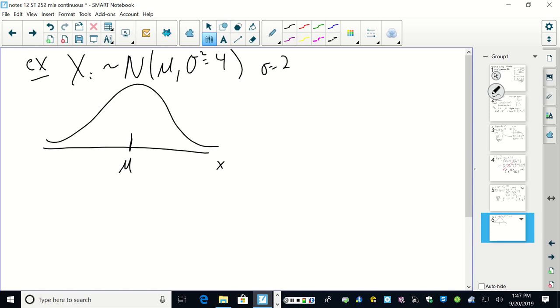And a normal usually has about plus or minus 2 standard deviations, so mu plus or minus 4 is a big chunk, a little bit more than 95% of that area.